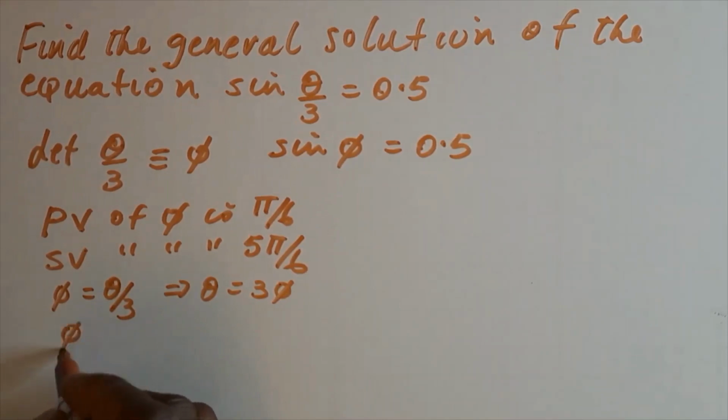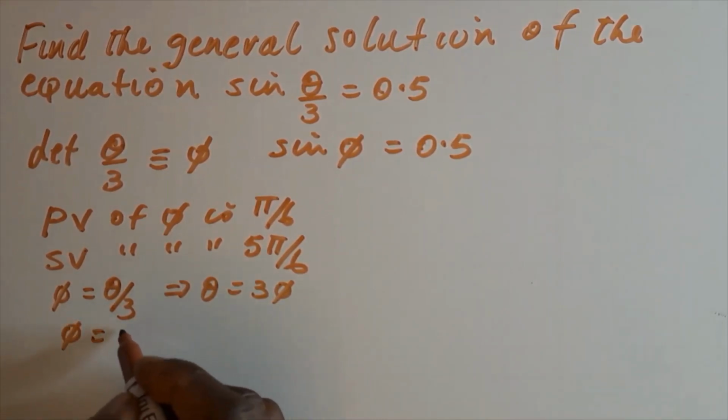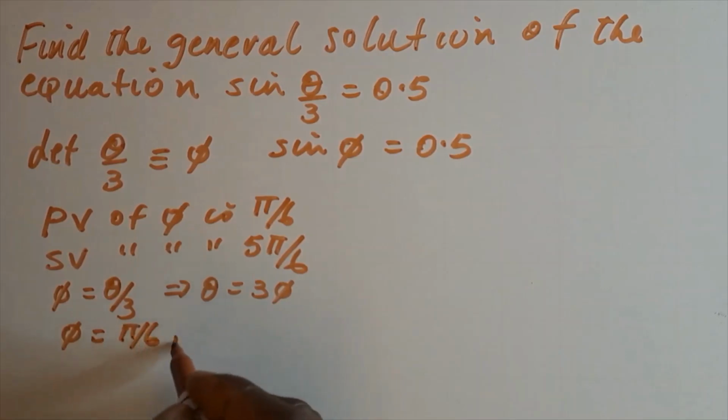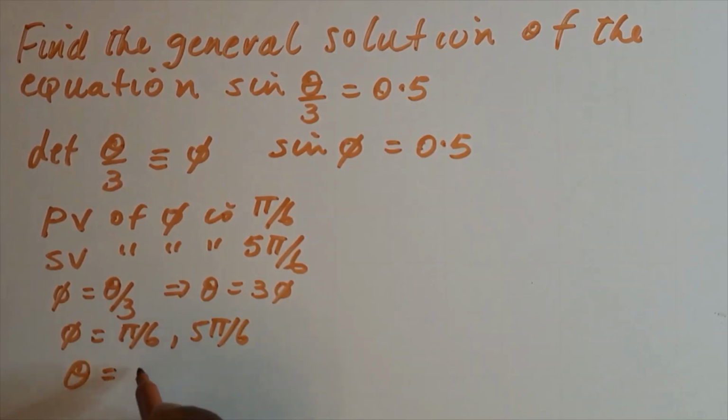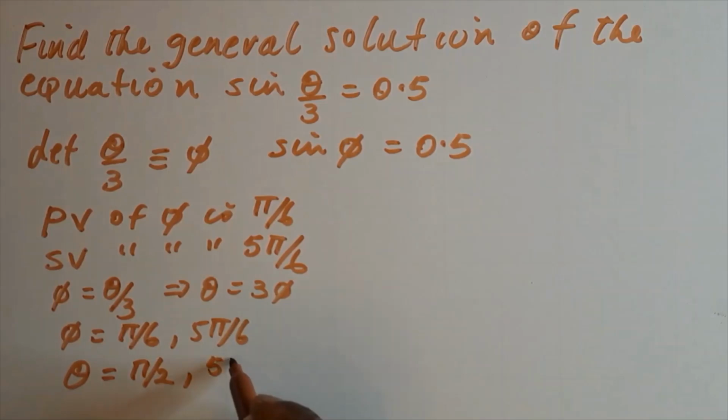So our angles phi are pi over 6 and 5 pi over 6, which implies that theta will be 3 times pi over 6, which is pi over 2, and 3 times 5 pi over 6, which gives us 5 pi over 2. Now this factor of 3 affects things, so it's 3 times phi, which is theta.